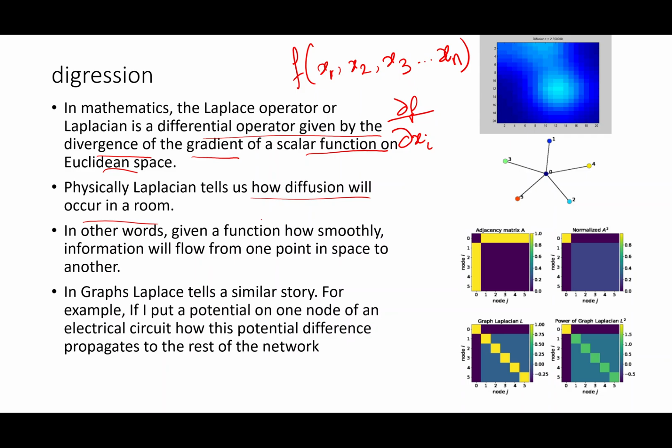So let G be the graph, with vertices and edges, a weighted graph. Let L be its corresponding graph Laplacian, and f, a function from V to R, be a function defined on the vertices of G. So f in our case will be the time series function. For every vertex, it's going to a real number. In our graph, I drew something like this: 1, 2, 3, 4, 5, and each and every node was a time series.